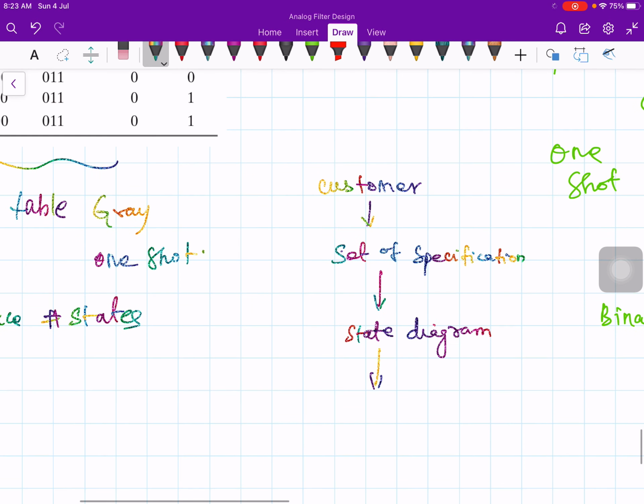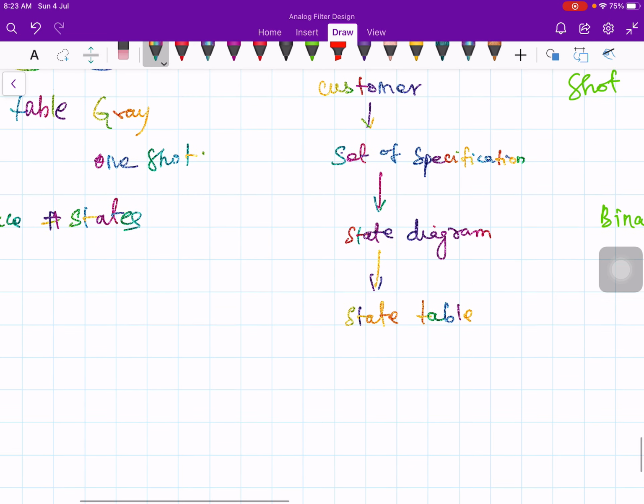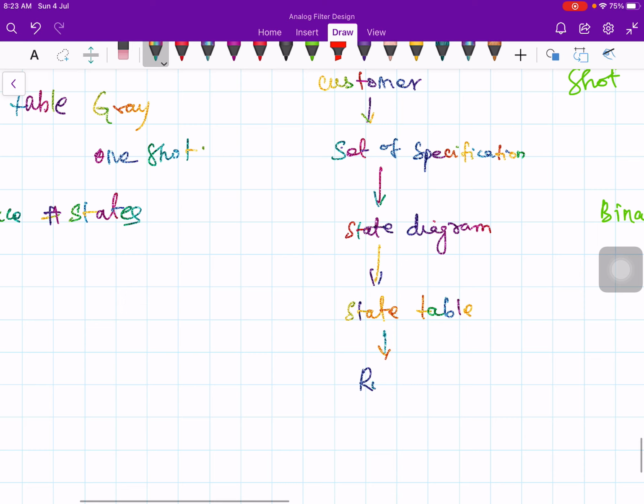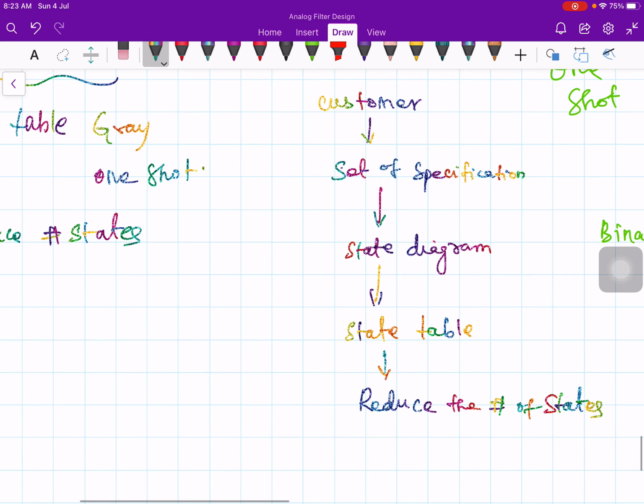From the state diagram, you form the state table. From the state table, reduce the number of states, because we want to save the money. Industry always wants to save money and get more profit. Then from this, assign the binary values.